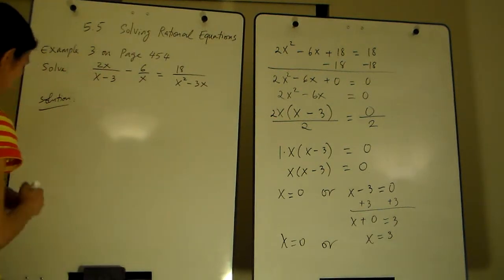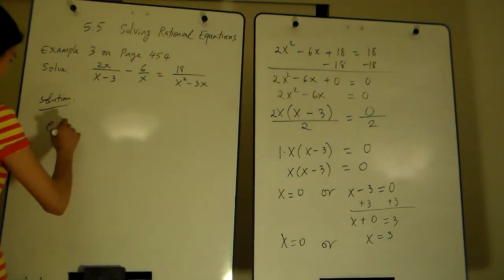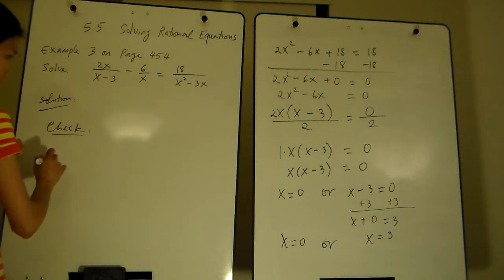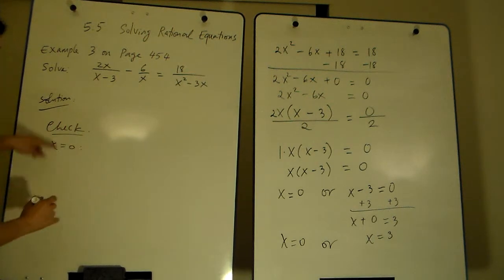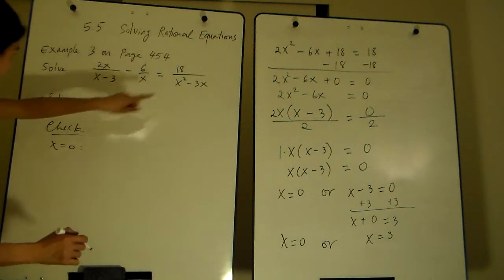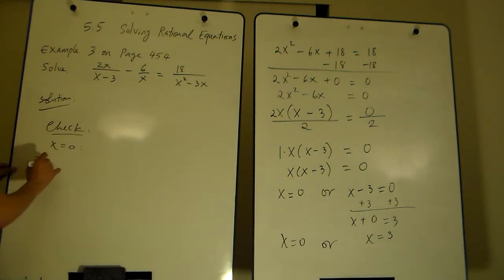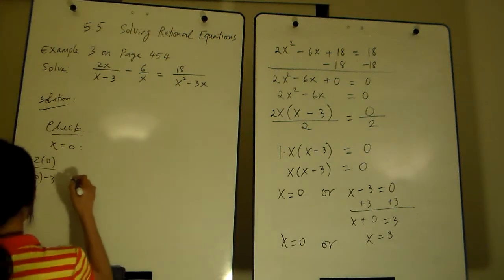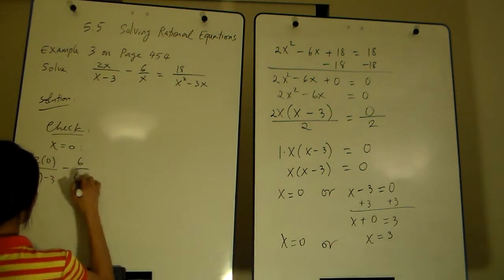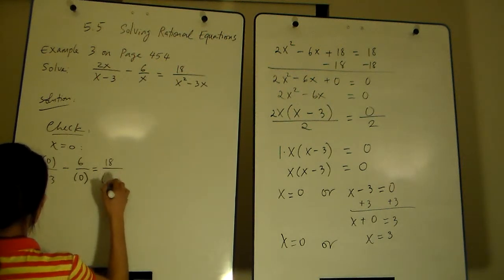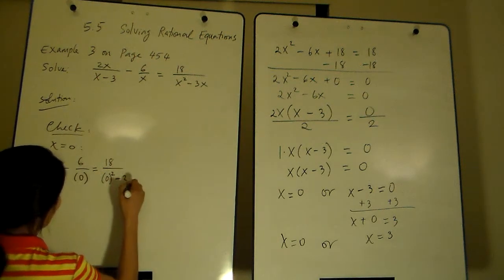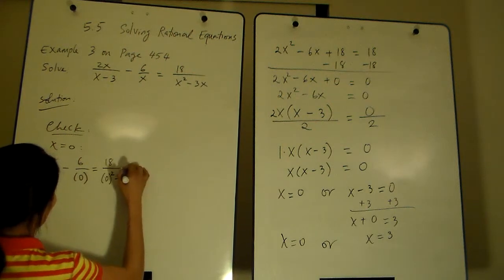So this is the check. For x equals 0, you substitute this into the equation: 2 times 0 divided by 0 minus 3, minus 6 divided by 0, equals 18 divided by 0 squared minus 3 times 0.